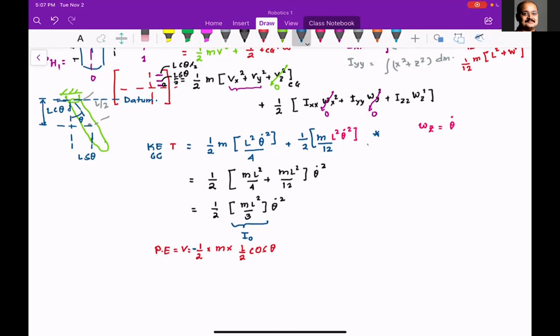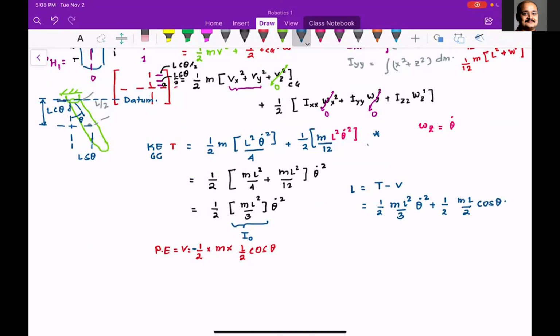Everyone understood this? Now, with this, I should be able to formulate the Lagrangian, T minus V. The Lagrangian: T is 1/2 m L square by 3 theta dot square, and potential energy is negative, so this is going to be plus 1/2 m L by 2 cosine theta.